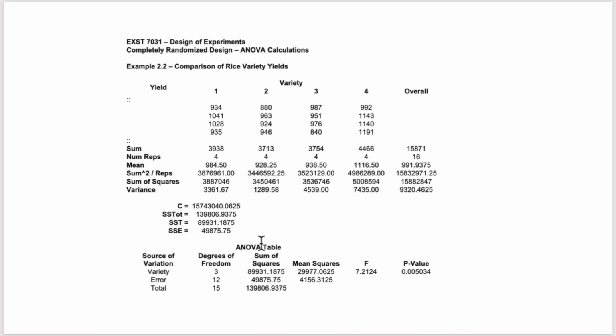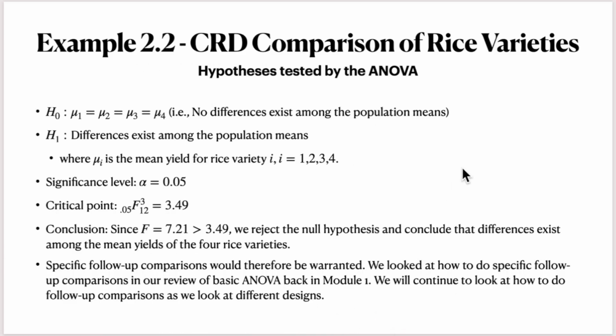The sum of squares column gets its values from these cells up here, and then everything else is calculated just the same way we did it when we did it by hand. And so you can see that the calculations are really pretty straightforward to do.